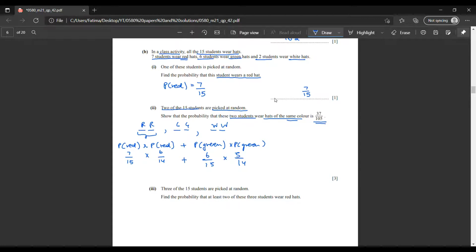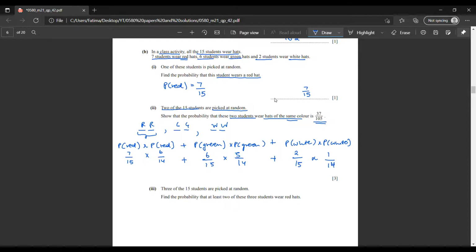Now, after that, we have to also combine the probabilities of the students wearing the white hats. So that would be plus probability of white into probability of white. And white was 2 out of 15. And now we'll reduce it again to 1 by 14.